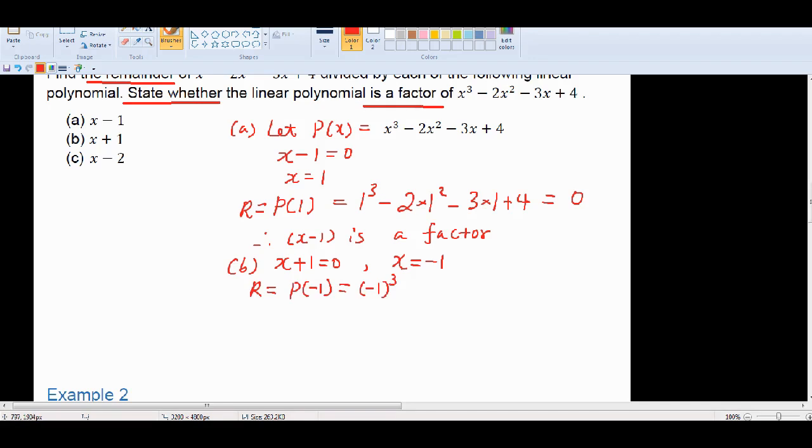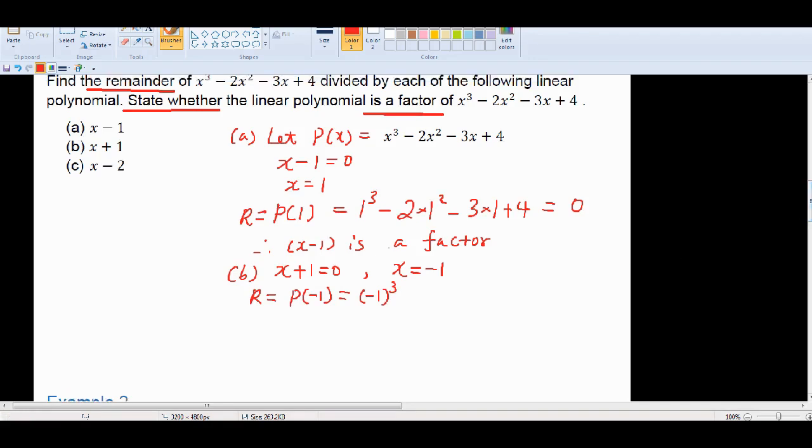Remember when this is minus 1, when you substitute into x, you better make a pair of brackets on it. To save time, I just give you the answer, and that one will be 4.